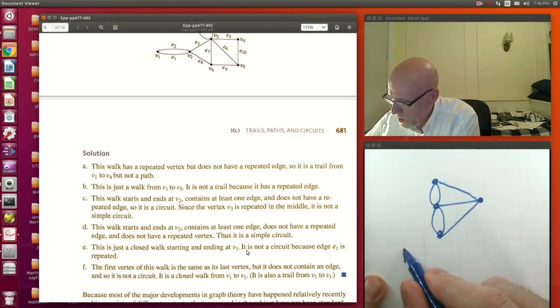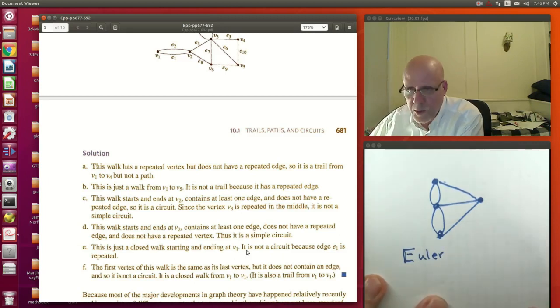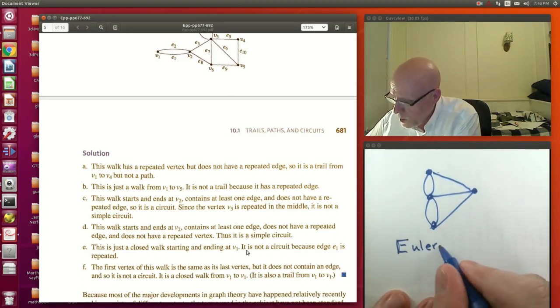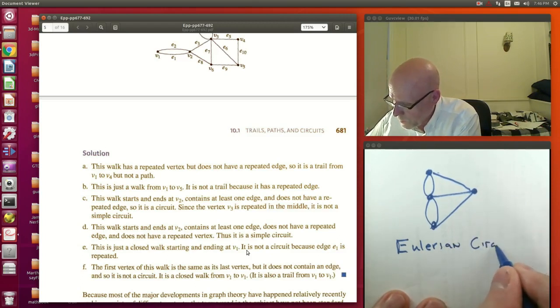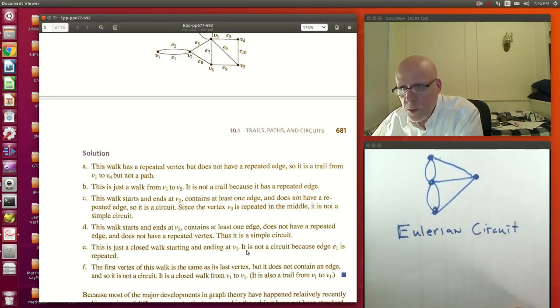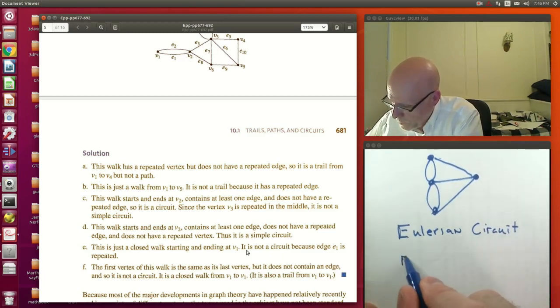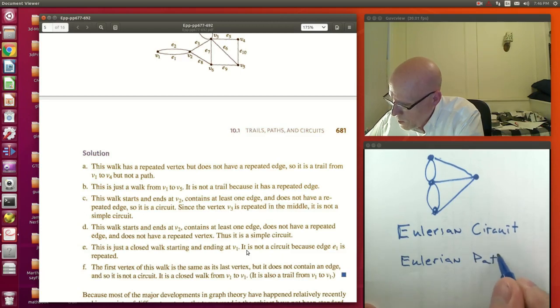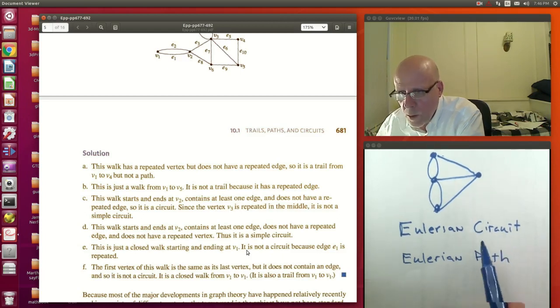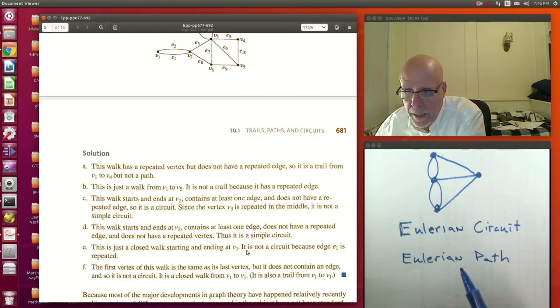And so the thing that Euler was looking for, when we look at this in graphs more general than the Königsberg one, is called an Eulerian circuit. There is also the notion of an Eulerian path. Sometimes graphs will have an Eulerian circuit, and other times there'll be graphs that have an Eulerian path.